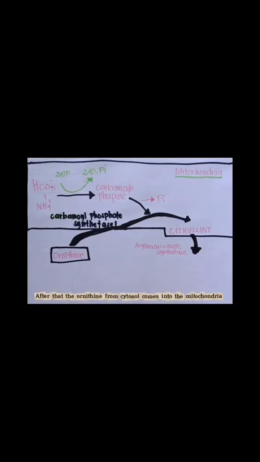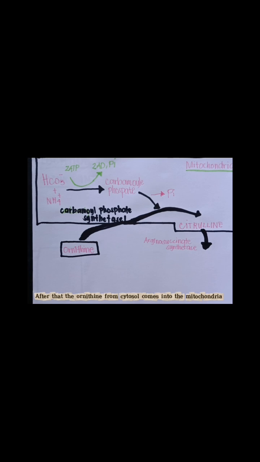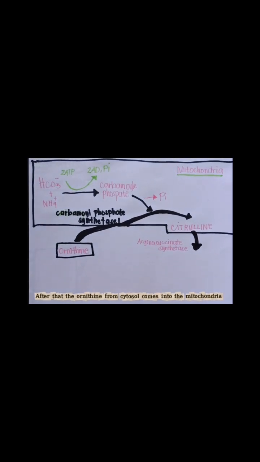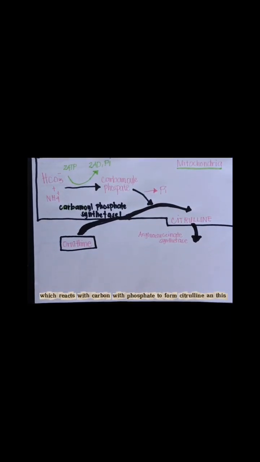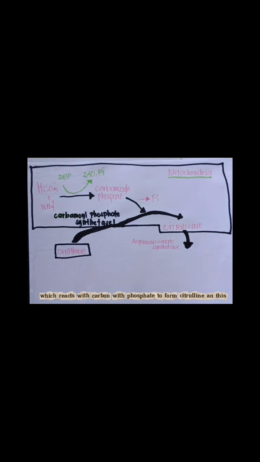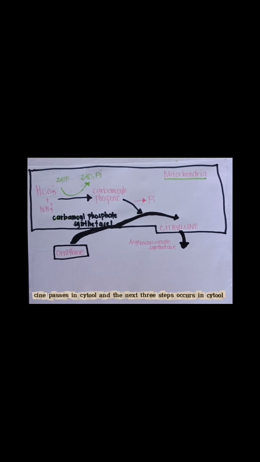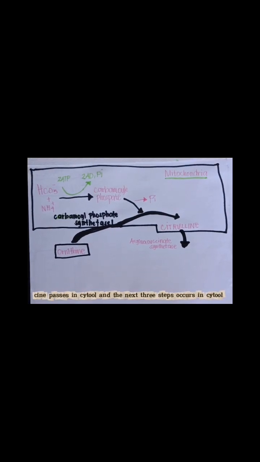After that, the ornithine from the cytosol comes into the mitochondria, which reacts with carbamoyl phosphate to form citrulline, and this is synthesized in the cytosol. And the next three steps occur in the cytosol.